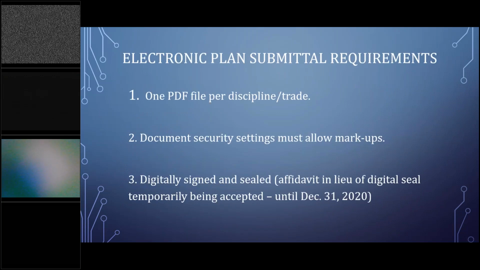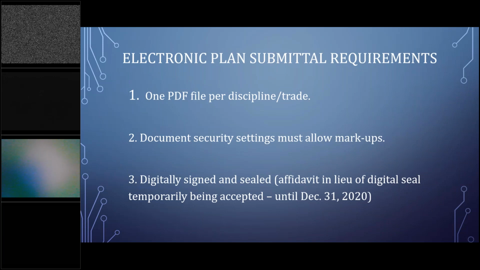So the City of Miami Beach has several requirements for plans, but the three main ones that we look for as soon as you upload your plans into the CSS system are mainly these three. We look for a PDF per discipline, so one PDF file per discipline or trade. So your architectural sheets should be in one PDF file.